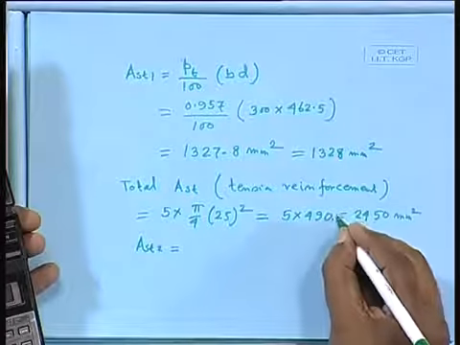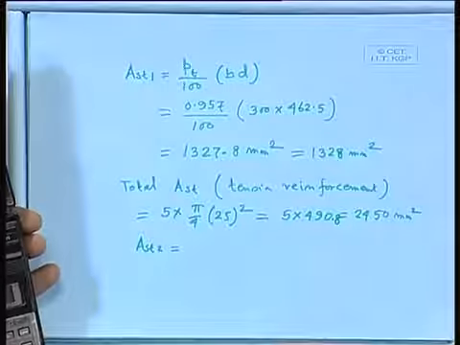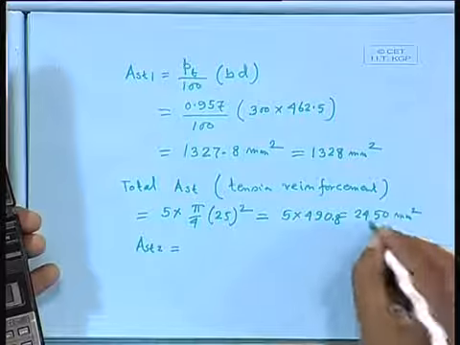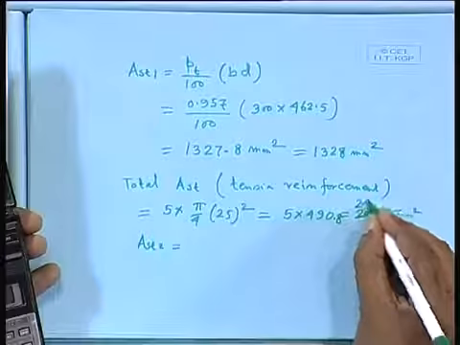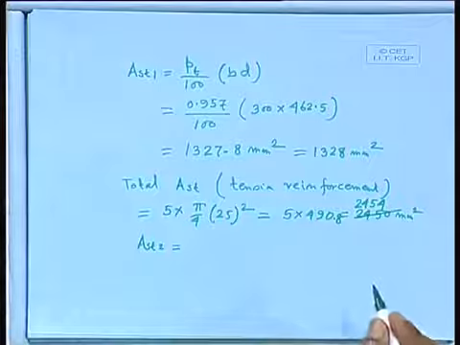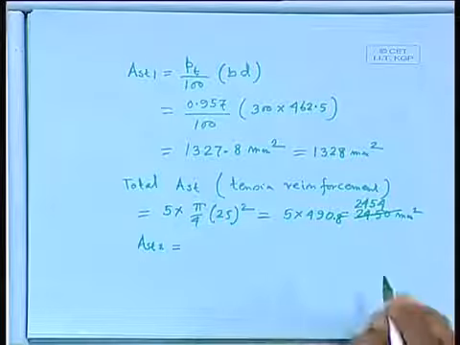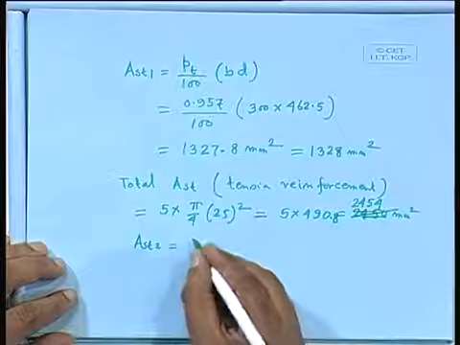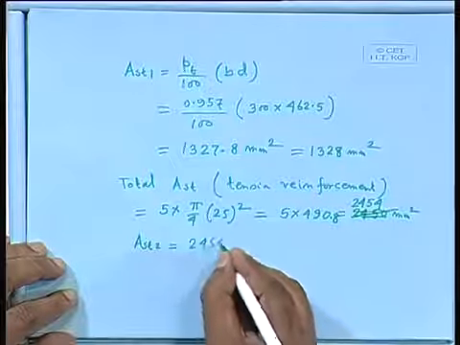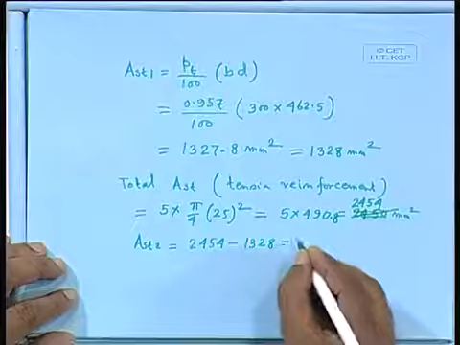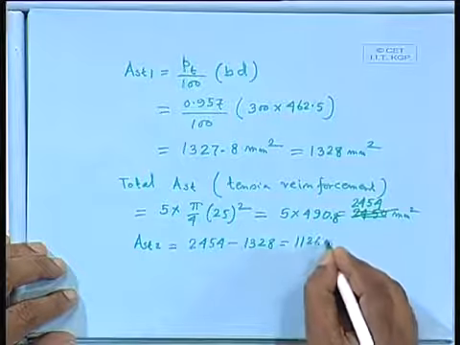So 490.8 say into 5, which is coming as 2454. Let us write down as 2454. Ast2 equal to 2454 minus 1328 equal to 1126.